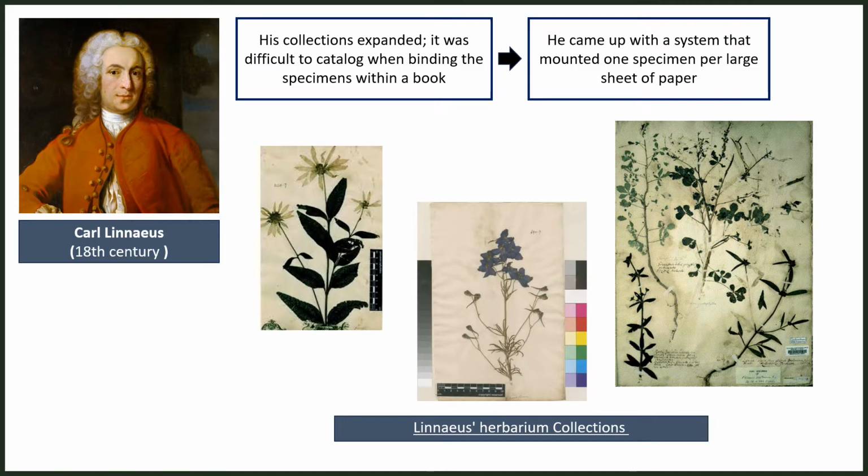So that was a challenge for him. Later he came up with the idea of mounting a plant specimen on a large sheet of paper. So this is the era of evolving the plant specimen into the herbarium form. That is how he started the herbarium with a mounting sheet.